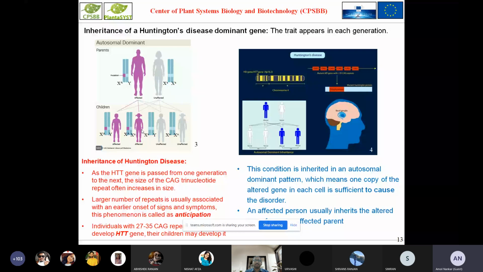The number of repeats determines whether the person will have Huntington disease or not. If there are more than 50 CAG trinucleotide repeats, there definitely will be a possibility that Huntington disease will happen. And when that happens, that event is called anticipation.